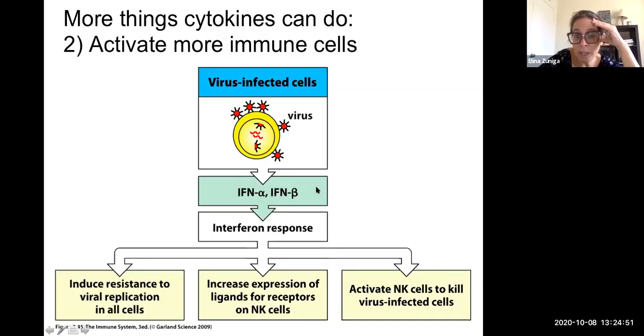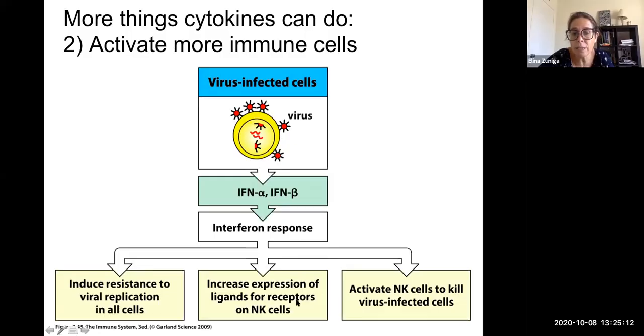But what happens when they are produced? They can signal via their receptor, and they will induce an antiviral state in a paracrine or autocrine manner. And we will see how they induce an antiviral state.